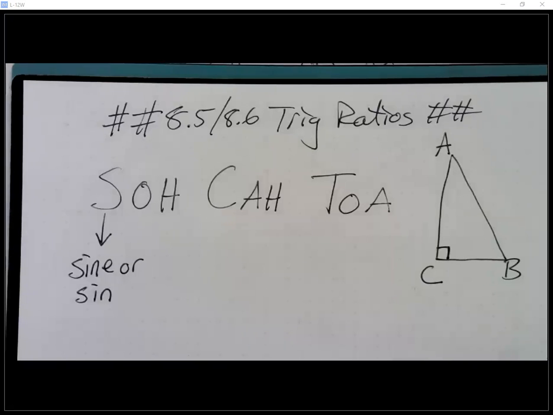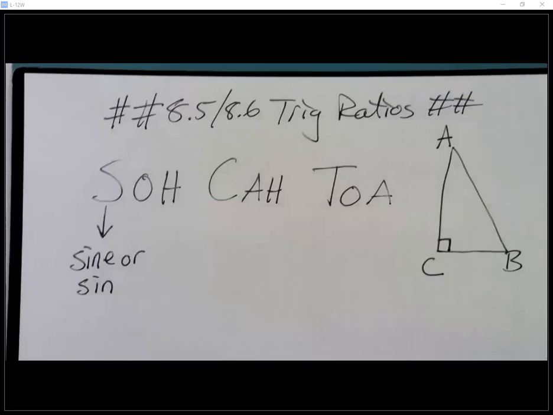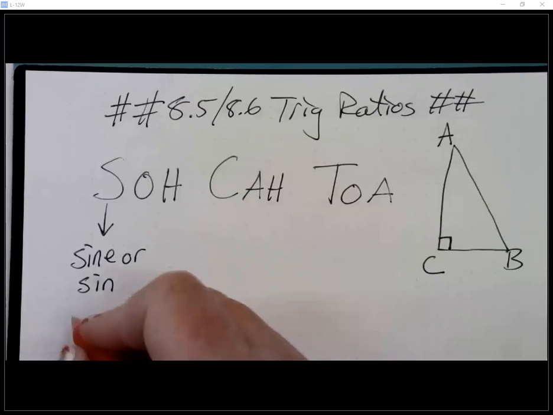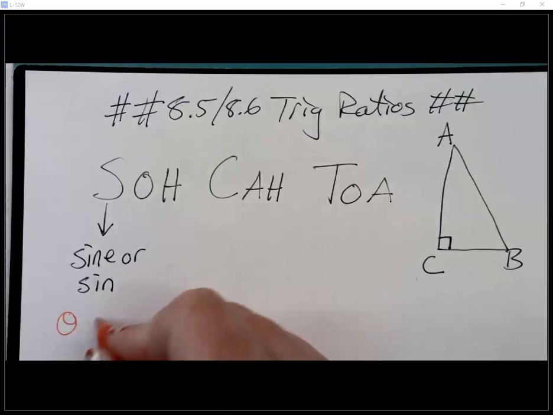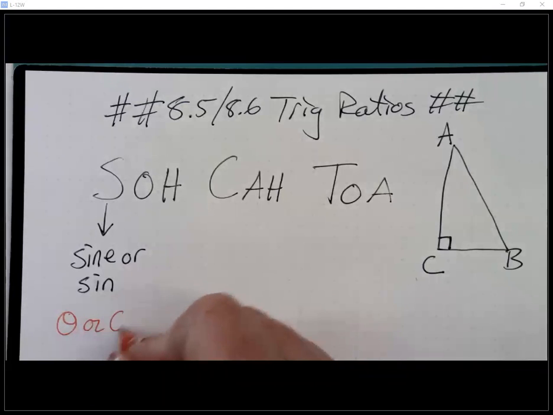So I want to introduce you to this symbol if you haven't seen it before. It's called theta, and people draw it a little bit differently. I do it like a circle with an extra loopy bit. Some people do it with more of a line through it.